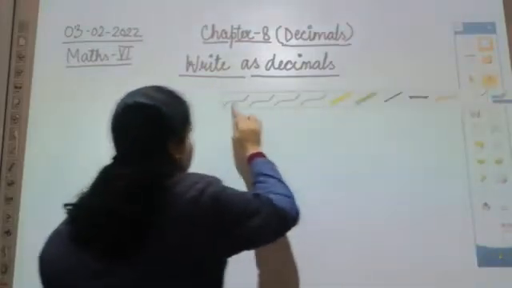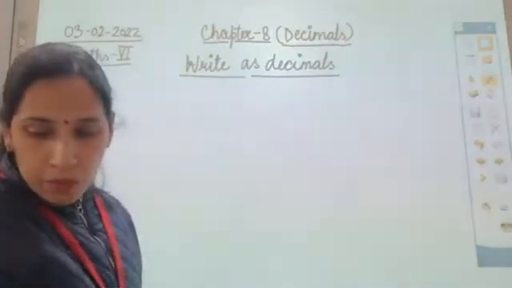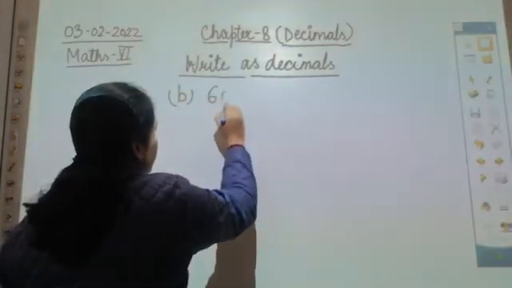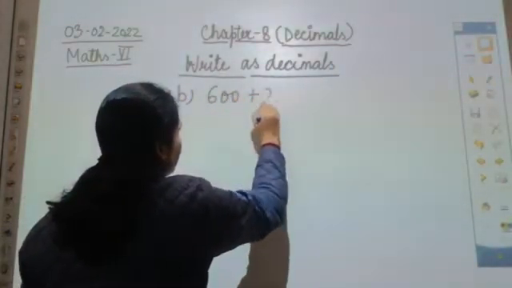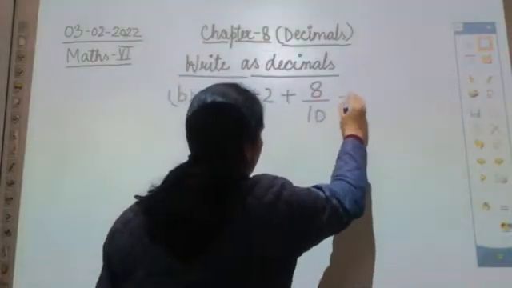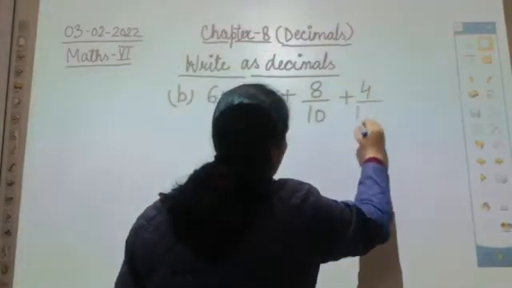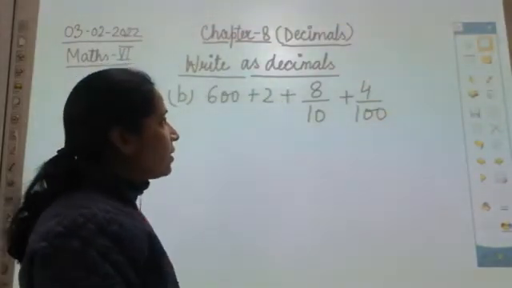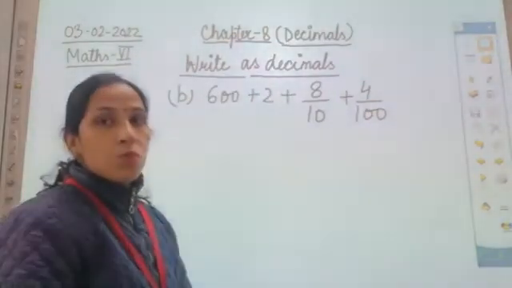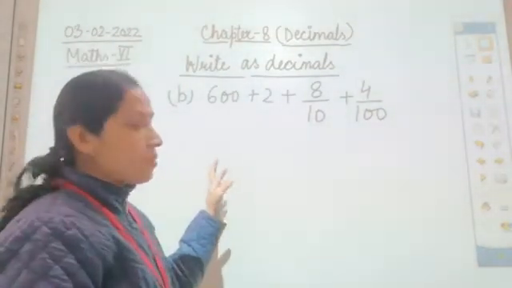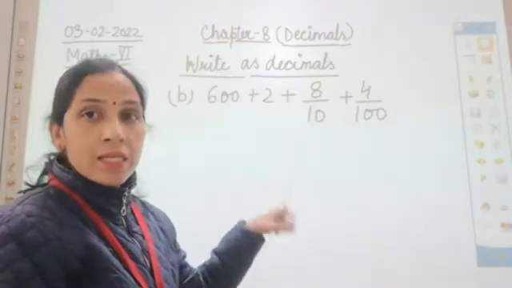Let's start with another example. Now 600 plus 2 plus 8 by 10 plus 4 by 100. So what is given here? Now here 600 plus 2. Before the decimal, one place is not there, that is tens.